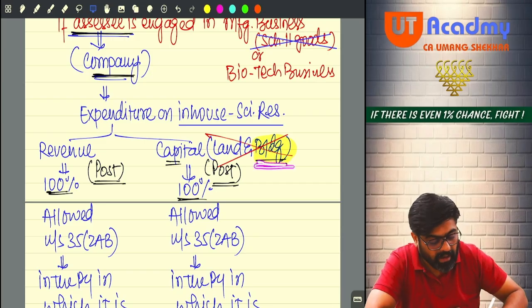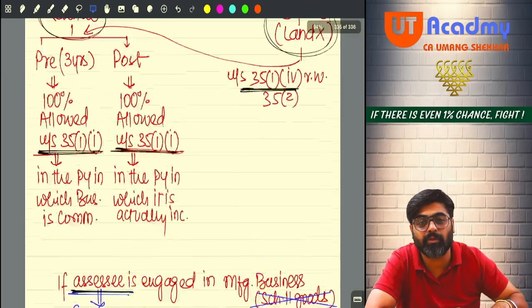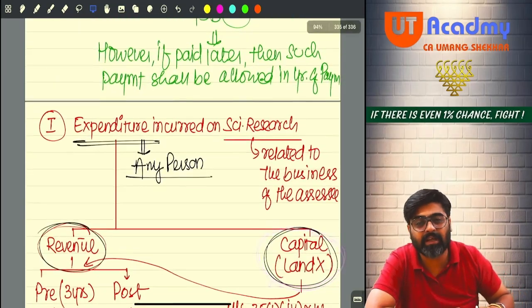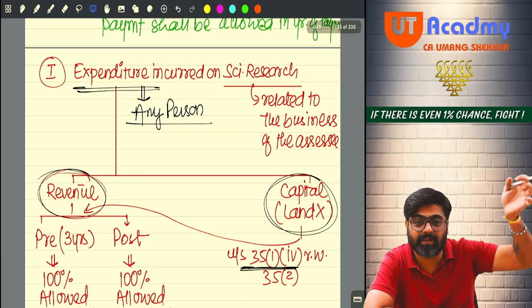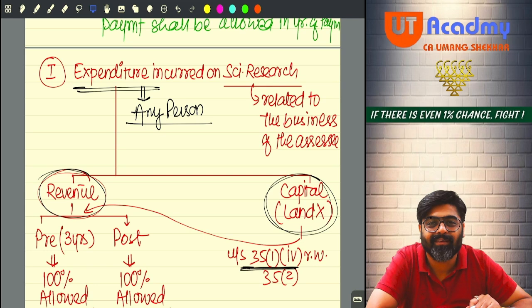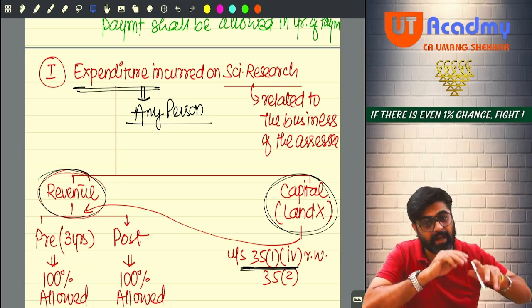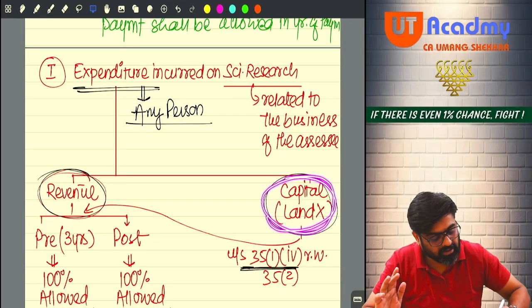The building 150% cannot be claimed here. So that company used to claim the cost of building here, because this deduction is available to everyone, including that company which is covered by 35(2AB). Getting my point? So the entire cost of that building was also allowed, but it was allowed here under section 35(1)(iv).